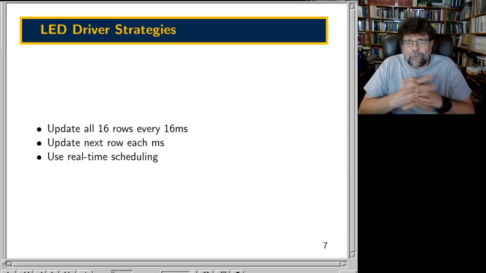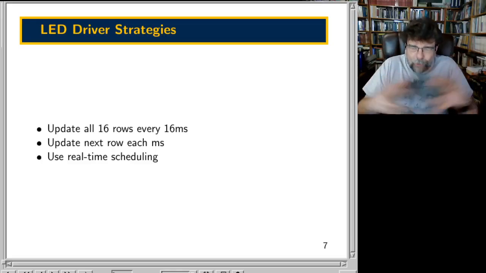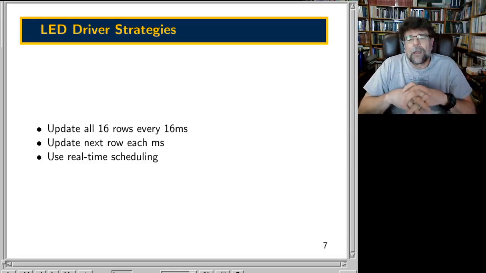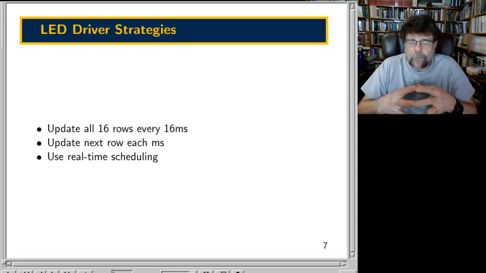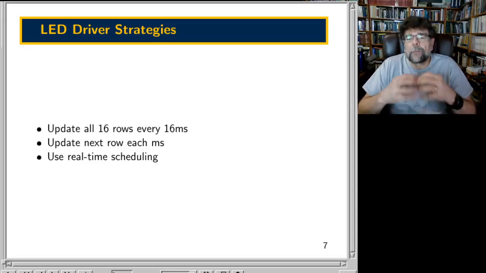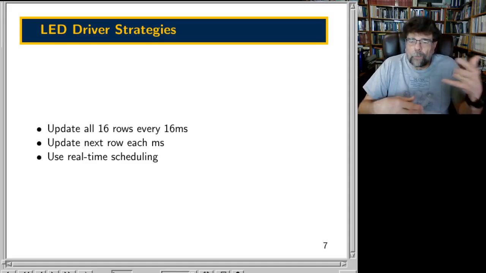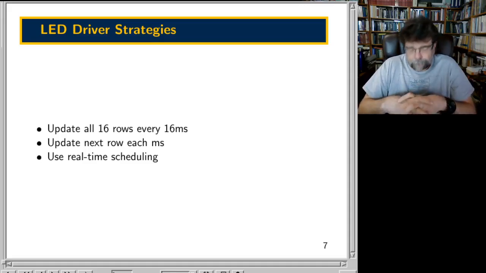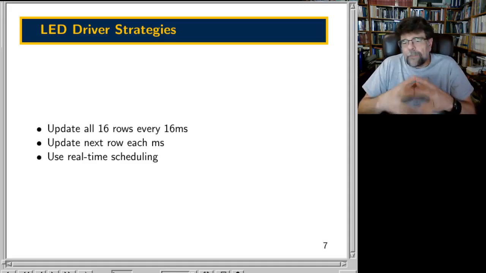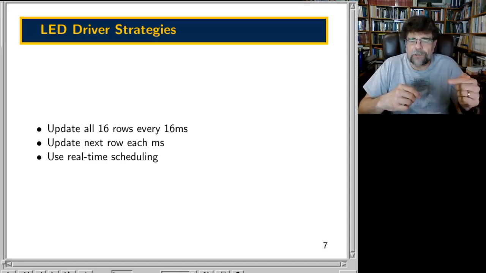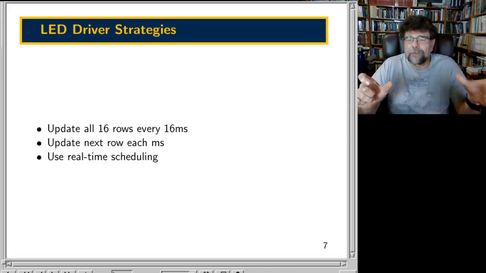Now, there are several different ways you could structure this. Perhaps the most natural way that most of us would think of is, I'm going to periodically refresh the whole display. The thing about that in this scenario is you end up with a very quick refreshing of the display, and then you turn around and wait a period of time with nothing turned on before you refresh it again.